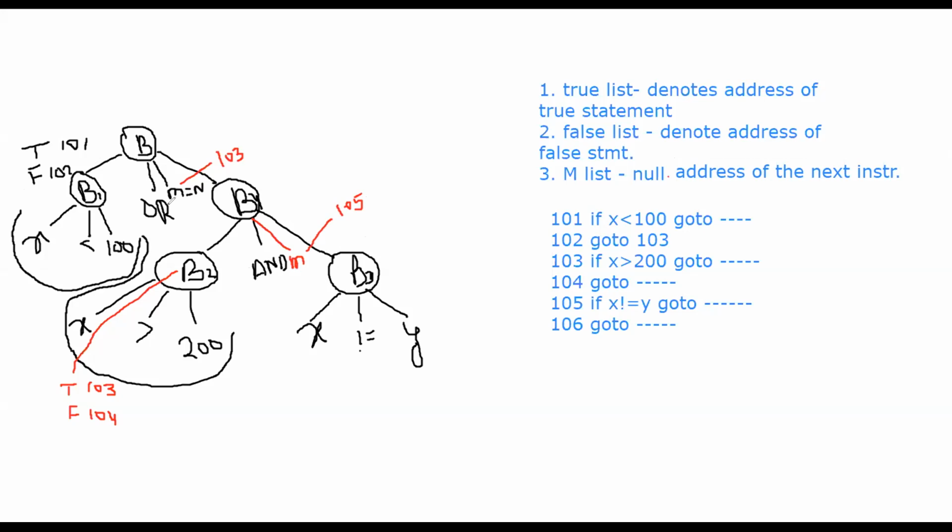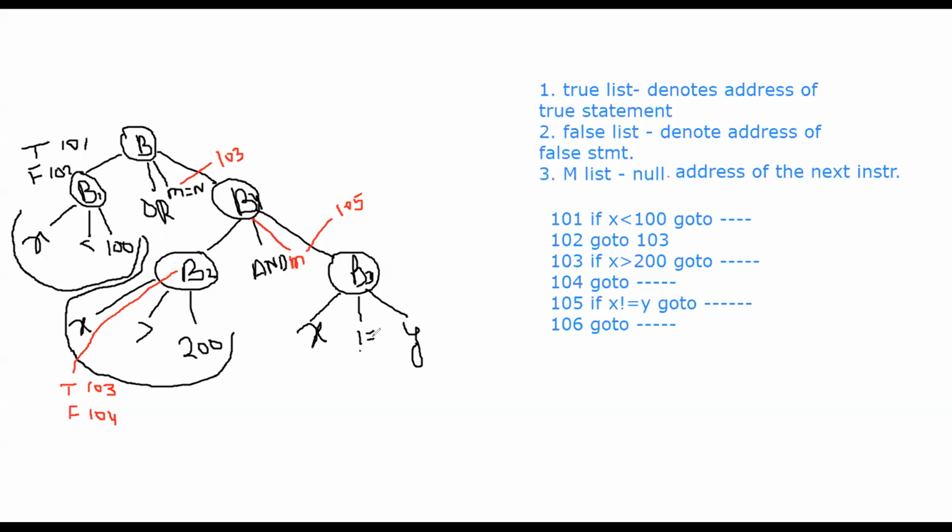If B1 is false, because it is an OR operation, B2 will be executed only when B1 is false. So that is why M is containing 103. Here, B2 and B3 are joined with the AND operation. So if B2 is true, we have to execute B3. If B2 is false, then we'll exit from this particular condition.